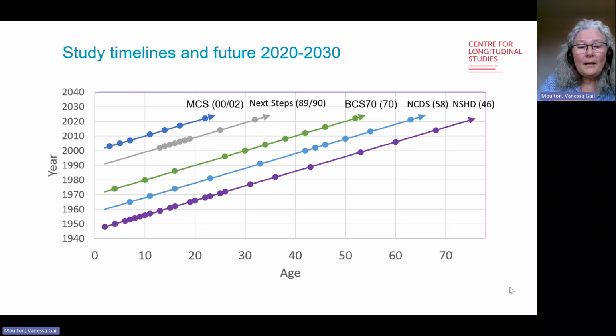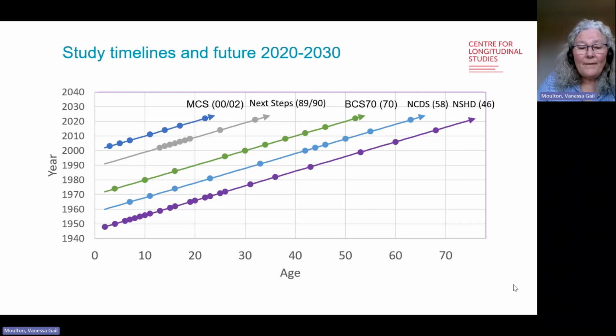All these studies are ongoing, and this chart shows the year on the horizontal and the age on the vertical, and the dots refer to periods of data collection. So the oldest cohort we currently run at CLS is, as I said, the 1958, and since birth there have been 10 data collections, excluding the COVID surveys, which I'll talk about in a minute.